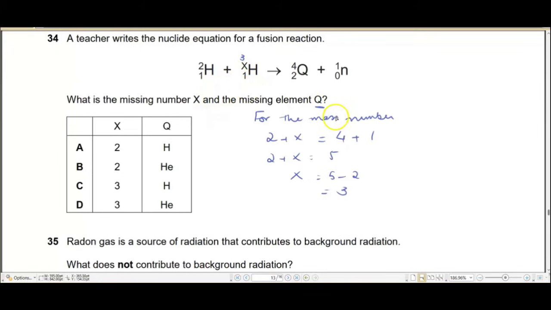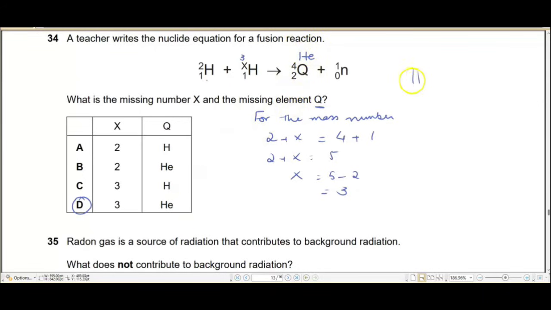Okay, so here we just know that there is 1 plus 1 and 2. This 4 and 2 shows that it is going to be helium that is being formed in the fusion reaction. Okay, so the value of X is going to be 3 and the element Q is going to be helium.